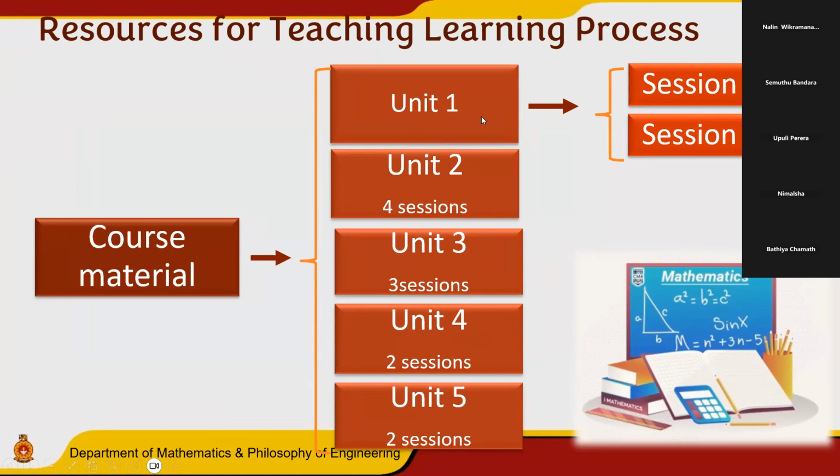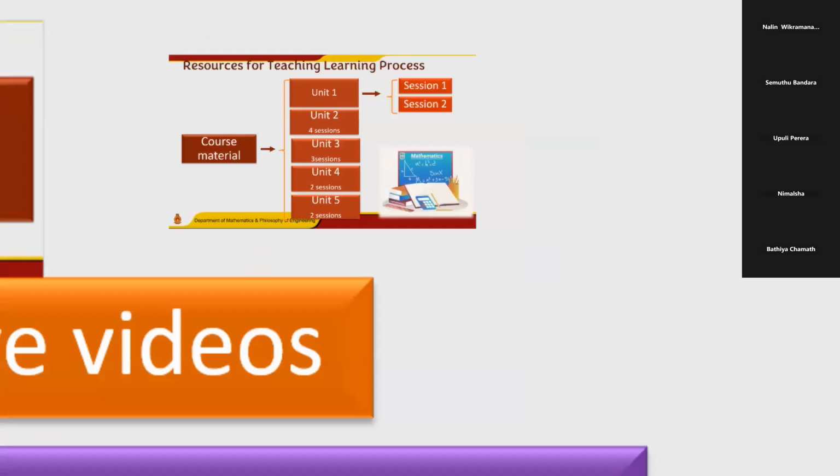Unit 1 has 2 sessions, which are basically chapters. Unit 2 has 4 sessions, Unit 3 has 3 sessions, Unit 4 has 2 sessions and Unit 5 has 2 sessions. These are included in your printed course material.